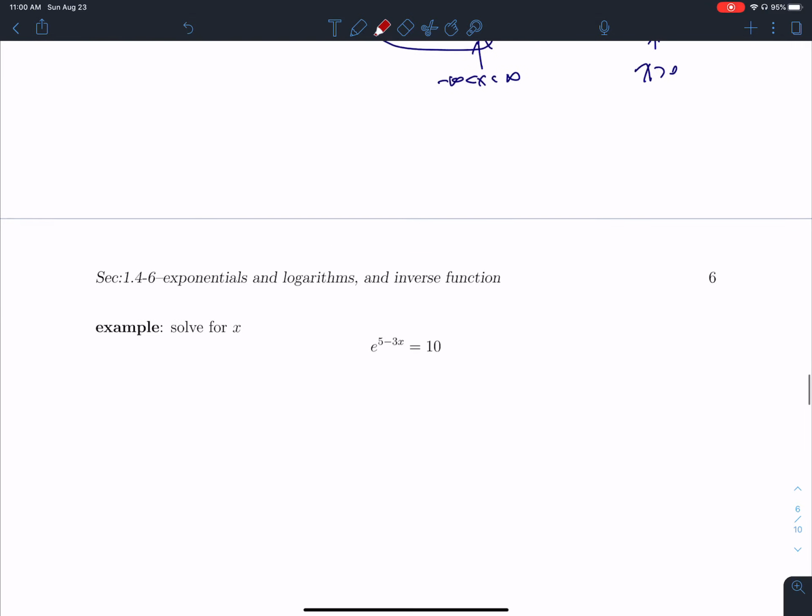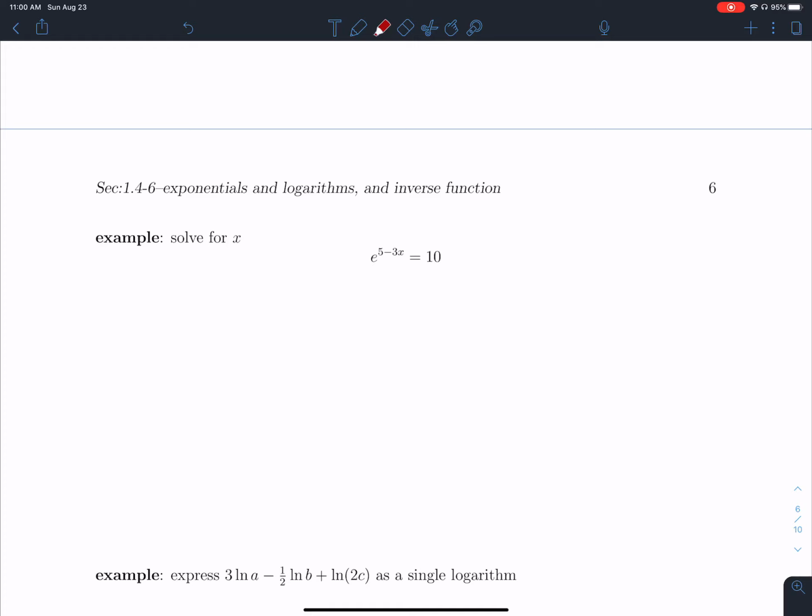Okay, so now let's do another example to practice our understanding of logarithms. So here, if we are facing this problem, we want to solve for x. How do we do it? Well, obviously, this is an exponential function, and there is a natural exponential function with the exponent involving x.